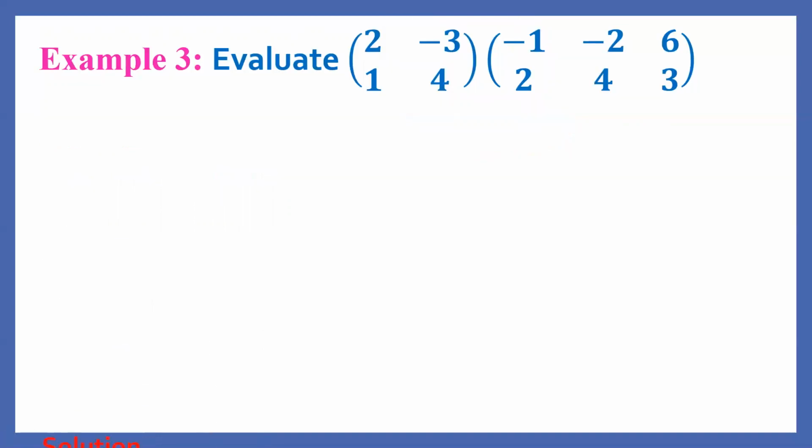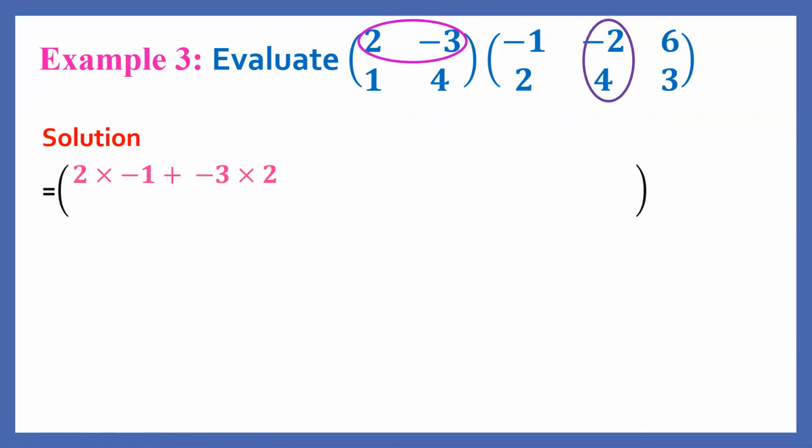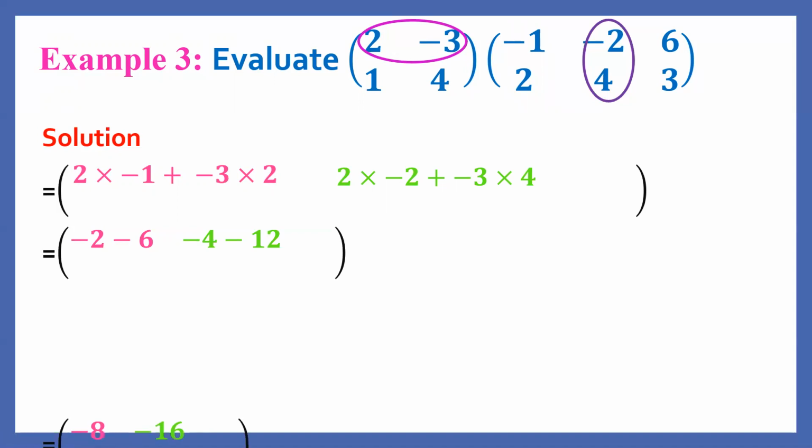Now we multiply the first row by the second column. First row times second column. So I will have 2 times -2 plus -3 times 4, which will give me -4 minus 12, which is equal to -16.